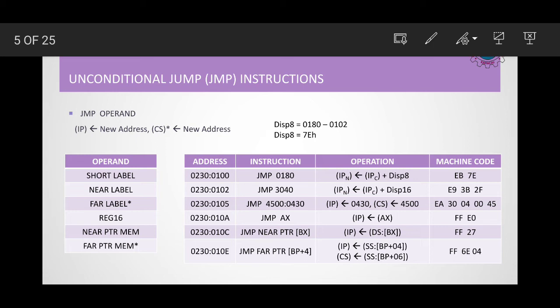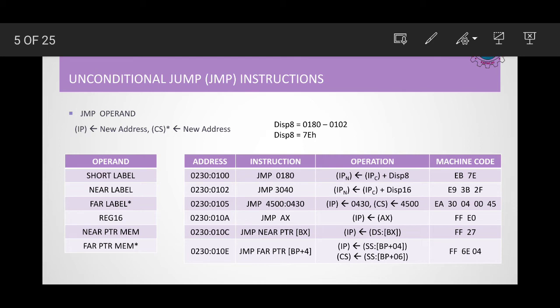So the displacement value is 7E, that is within the limit. The maximum limit is 7F, so 7E is lesser than 7F. So that instruction may be stored as a short jump. So there will be 2 bytes. EB is the opcode for short jump, and 7E is the displacement value. When this jump instruction is executed, the current IP, that is 102, will be added with 7E, and you will have a new IP, that is 180, and the jump will occur.